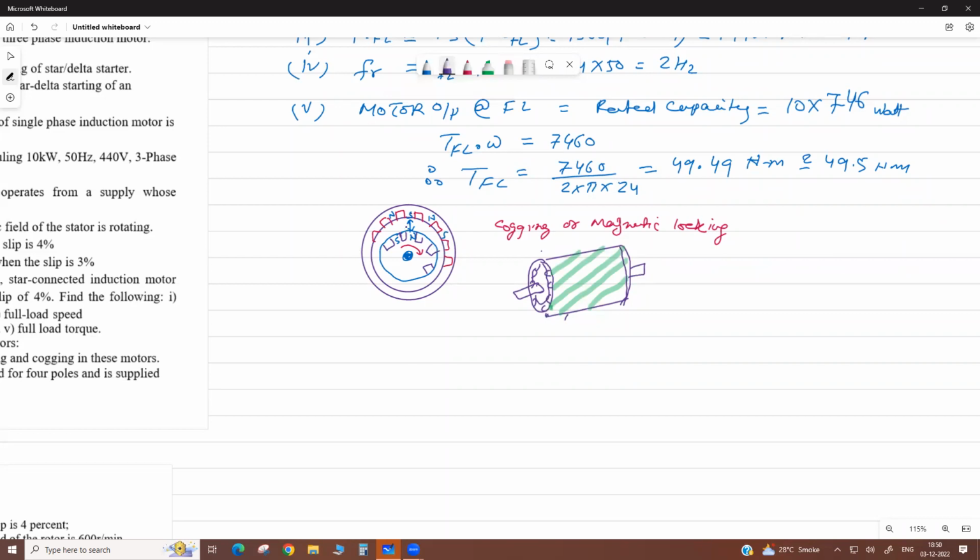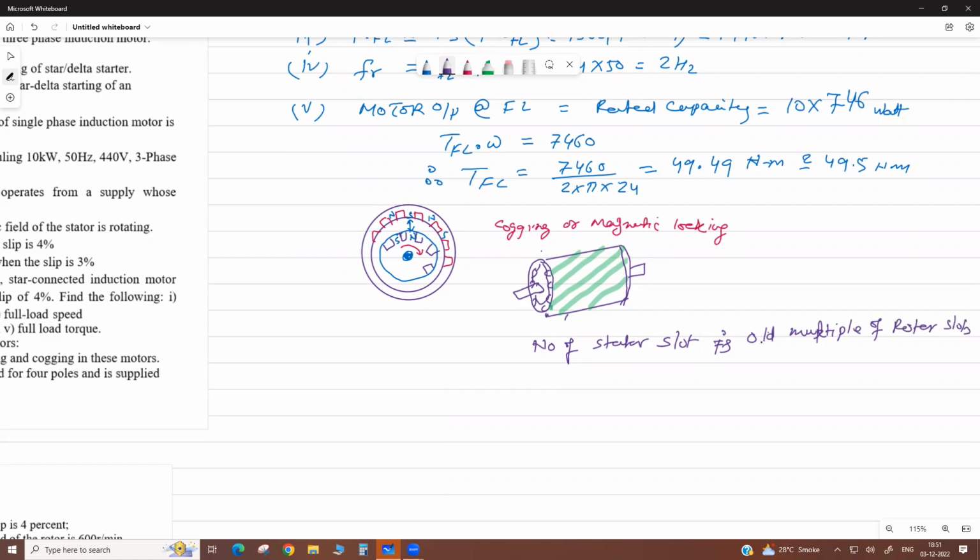Or otherwise, we see that the number of stator teeth or slots is not equal to, but is an odd multiple of the rotor teeth or rotor slots.